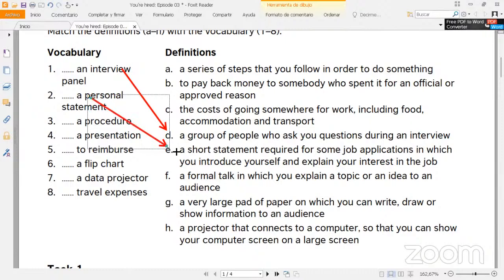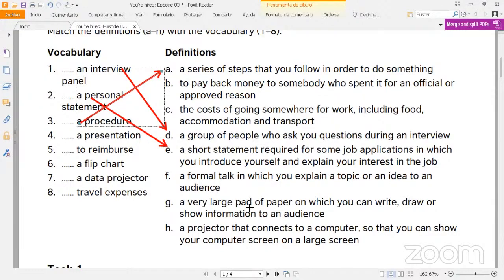A procedure. Letter A. That's correct. A presentation.